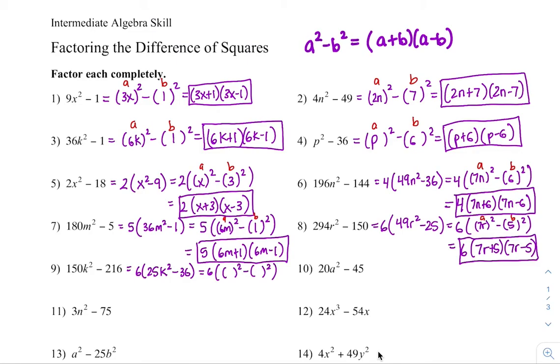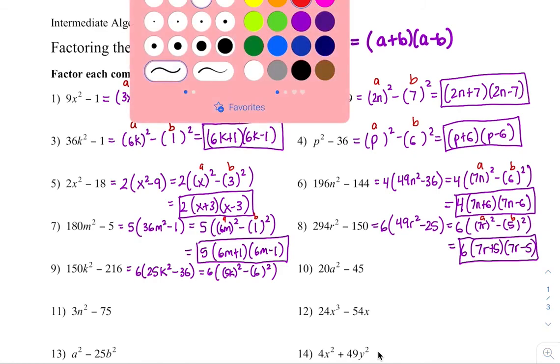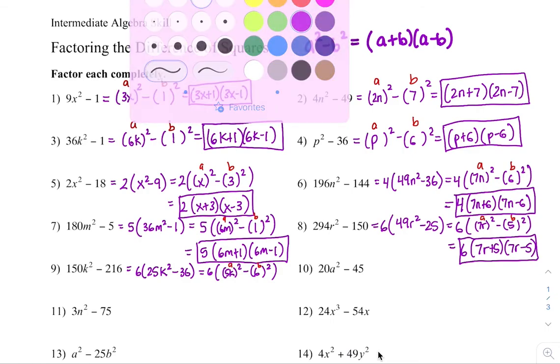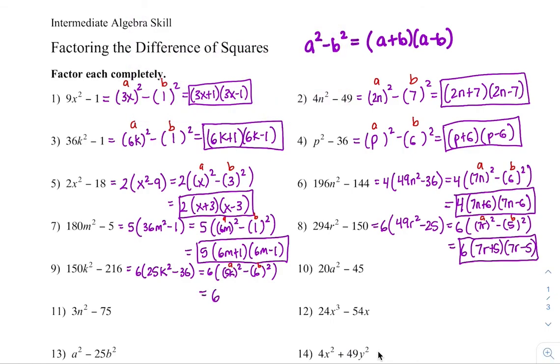And the answer is 5k and 6. So this is going to be a, and that's going to be your b. So now we can factor it doing our a plus b. Our a is 5k, and our b value is 6. So 5k plus 6 and a minus b, which is 5k minus 6.